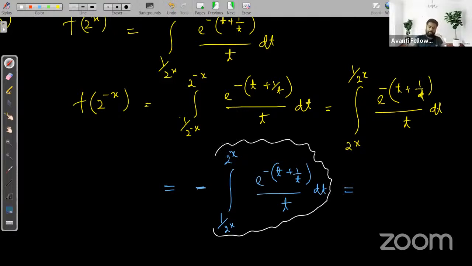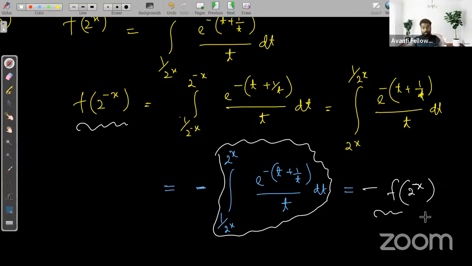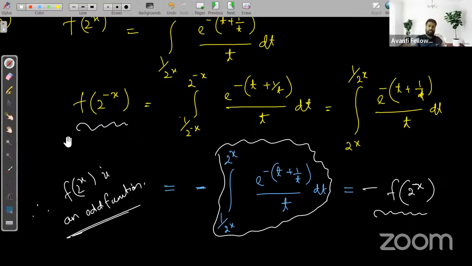This is my f of 2 raised to x. So we are finally getting f of 2 raised to minus x is equal to minus f of 2 raised to x. That means it satisfies the condition for a function to be an odd function. Hence f of 2 raised to x is an odd function. Clear? It is an odd function. So option D is also correct.